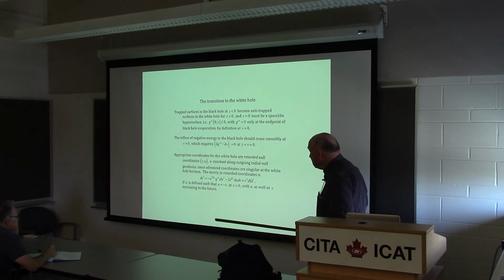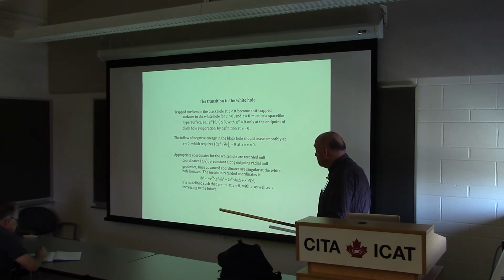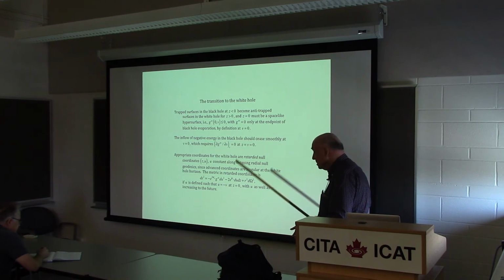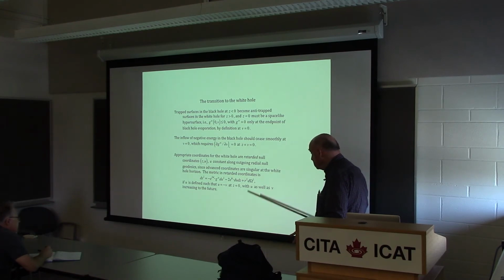Now let's consider the white hole. As I said before, we really want to use retarded null coordinates in the white hole, to have something that's non-singular at the white hole horizon. So we want to switch to retarded coordinates, and this again is the retarded metric.